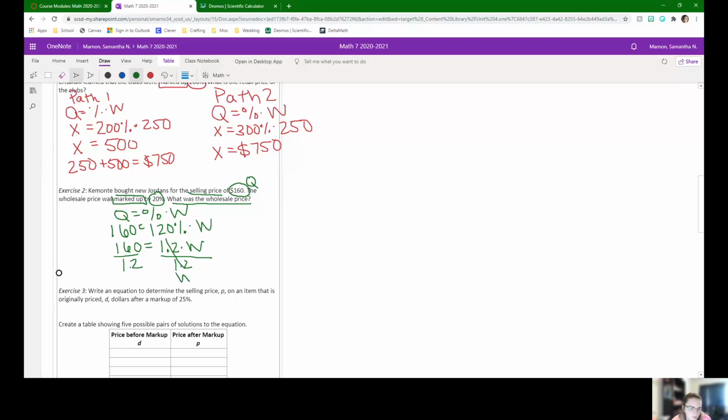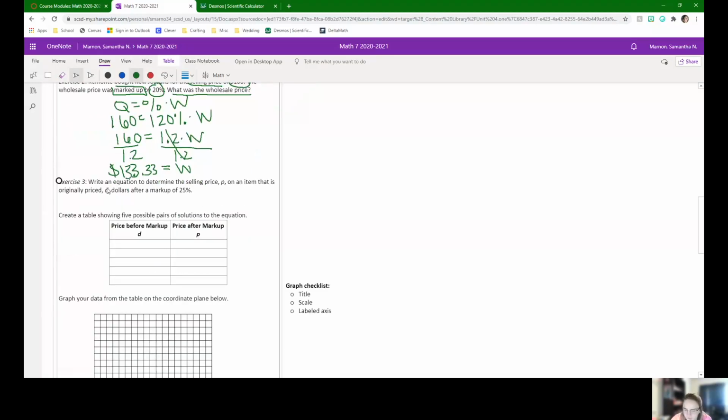And we get that W, or our wholesale price, is going to be equal to $133. Oops, and 33 cents. It's really 133.33333333, but we can't have an infinite number of pennies in money, so we're just going to round it to 2 places.